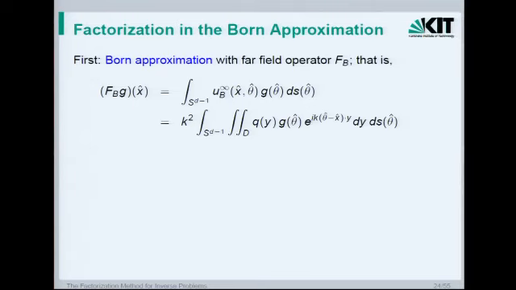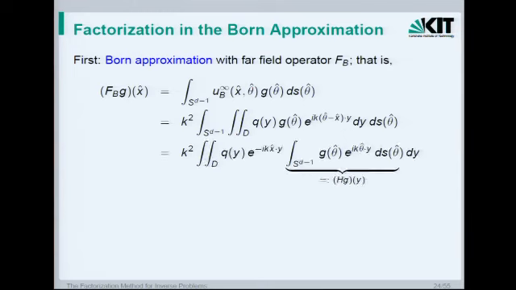It was the volume integral of q, with the incident field e to the ik theta hat times y, and e to the minus ik x hat times y, which comes from the fundamental solution, and this g is there.